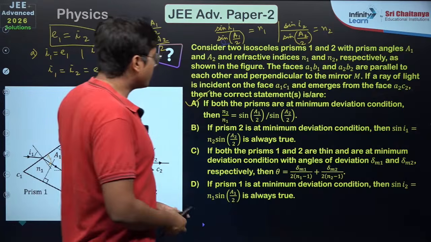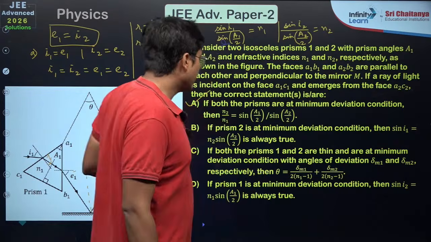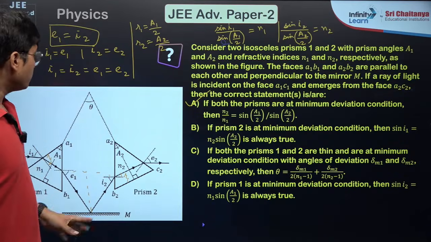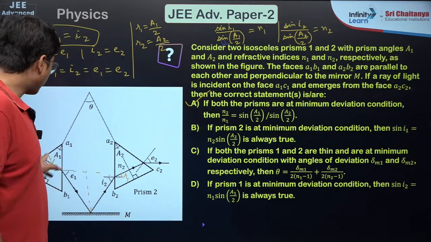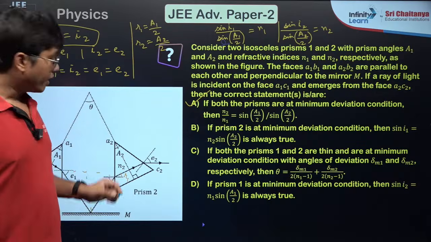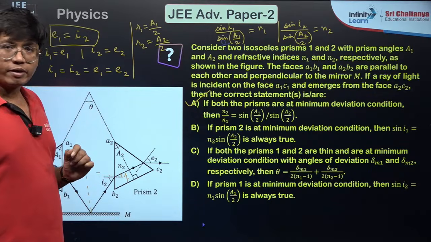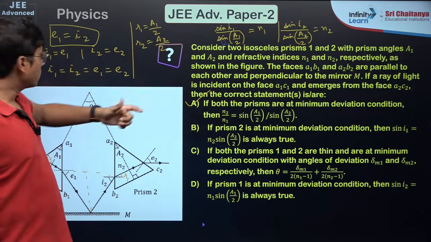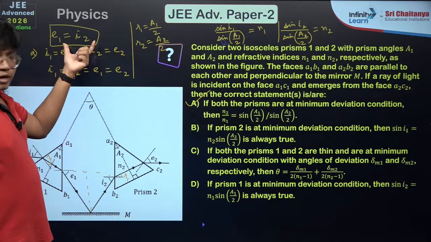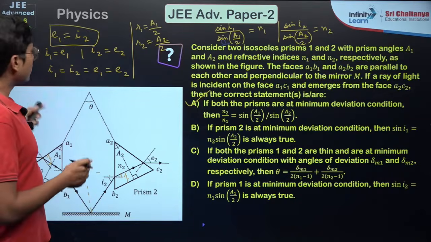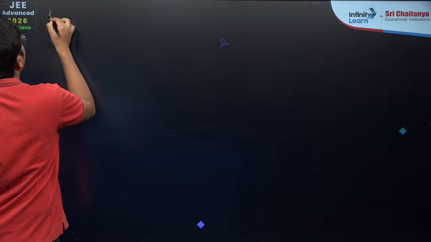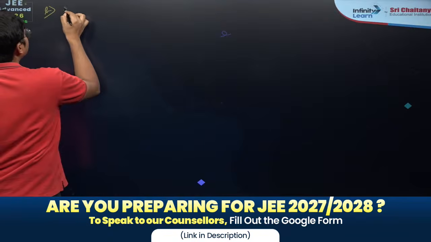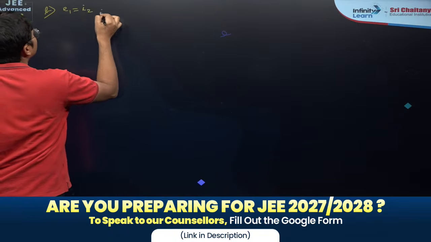Next statement says, if the prism 2 is at minimum deviation condition, then sine I1 is N2 sine A2 by 2. So prism 2 is in minimum deviation, but prism 1 is not in minimum deviation. In this criteria, with prism 2 in its minimum deviation condition, I know I2 is equal to E2. This would still apply. In the second case, we know E1 is still equal to E2. That's always going to be true for geometry.